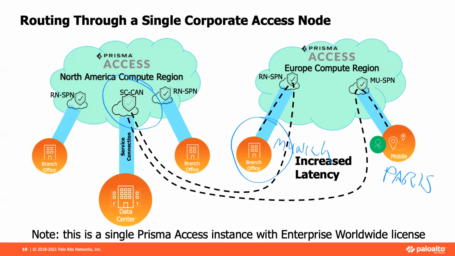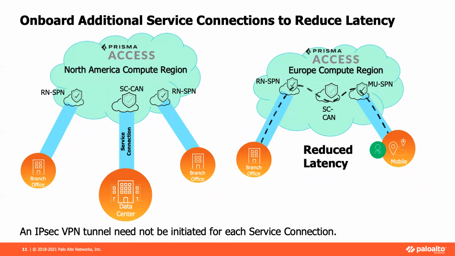So even if you don't have a data center that requires a service connection in Europe, in this example, like you did in North America, it makes sense to deploy a corporate access node tagged just as a router for your regional users, in this example Europe.